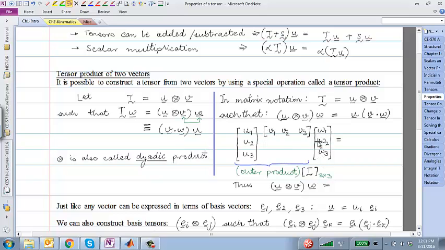So V dot W gives me a scalar. What I'm left with is this vector U. So I'll write that as V_i W_i, and the remaining thing is U1, U2, U3. So that's one way to visualize this in components.